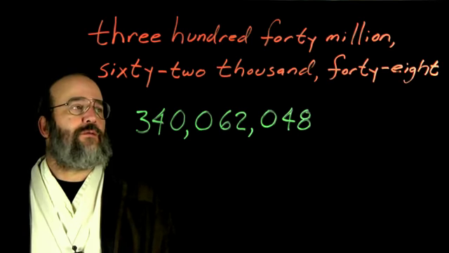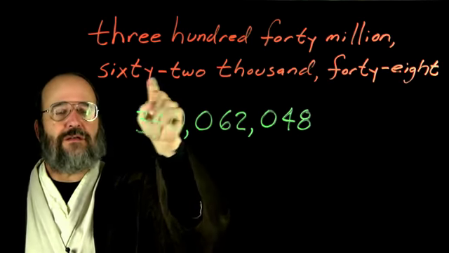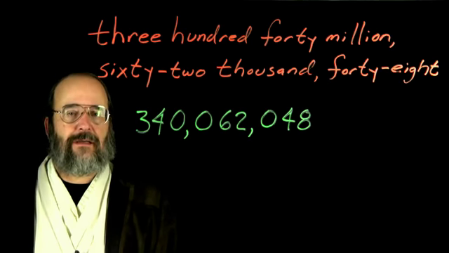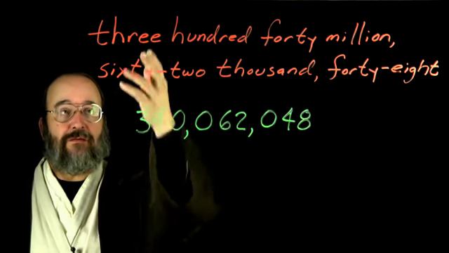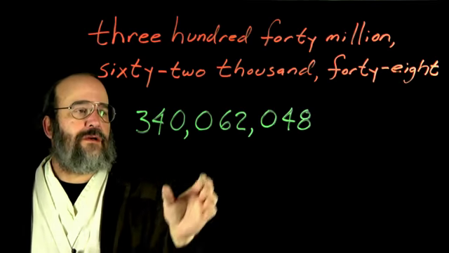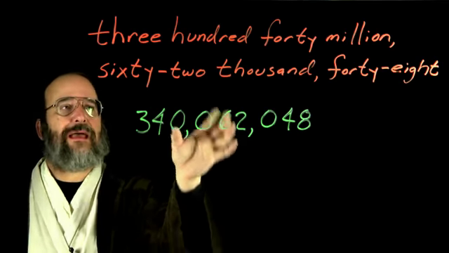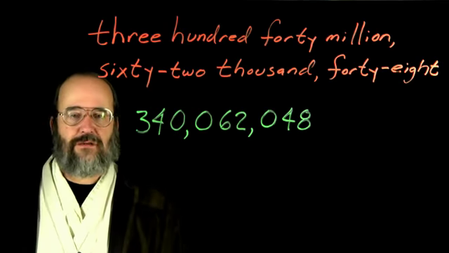And remember, when we have two-digit numbers greater than 20, to include the hyphen. And now you should be able to translate from words into numbers, standard form, or go from our standard notation back into words. You should be able to do that.